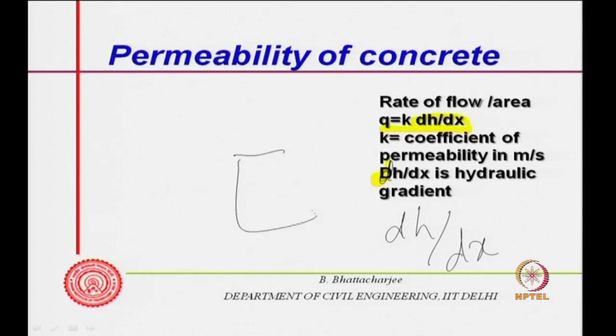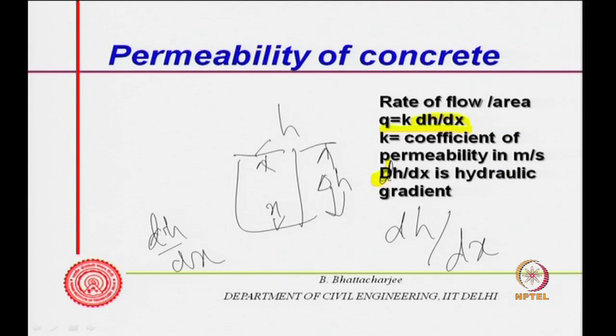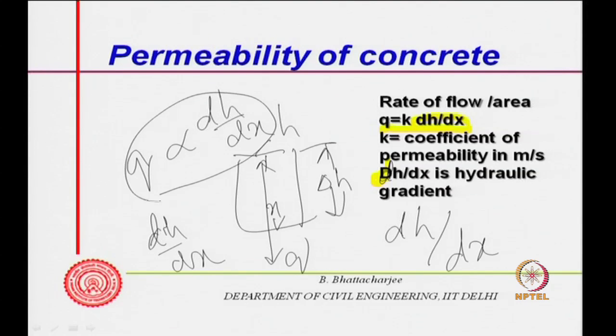If this is my specimen, there is a head dh here and x is the thickness. If it is saturated and dh/dx is constant, the flow q is proportional to dh/dx, like heat flow and similar equations. This is Darcy's equation, q equals K dh/dx.